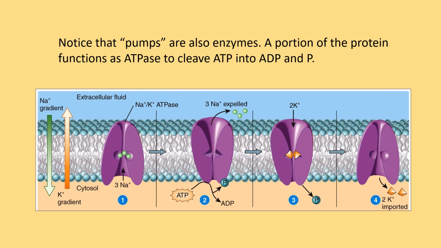The opposite is true, or maybe the same is true for potassium. Potassium ions are moved from outside the cell to inside the cell, uphill or against the concentration gradient for potassium. Cells have a higher concentration of potassium on the inside.